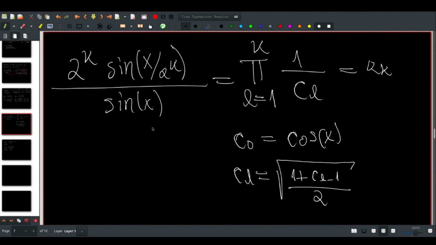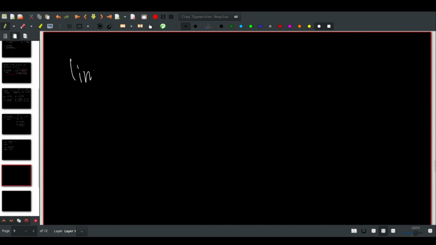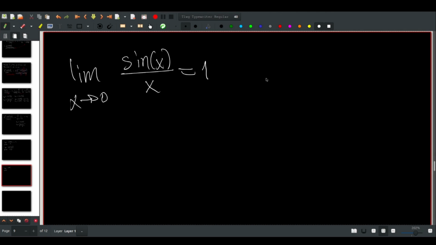Now we want to make use of this fact that we just proved, together with the fact that the limit when x goes to 0 of sine of x over x is equal to 1. In reality, what we would do is take the limit when n goes to infinity of sine of x over 2 to the n.